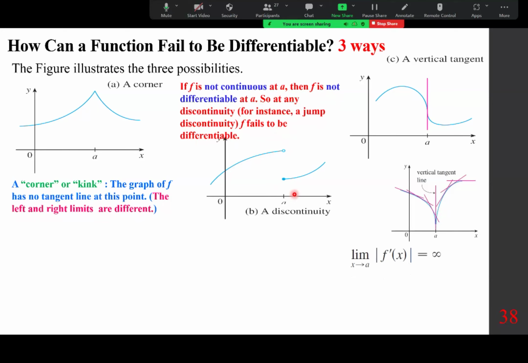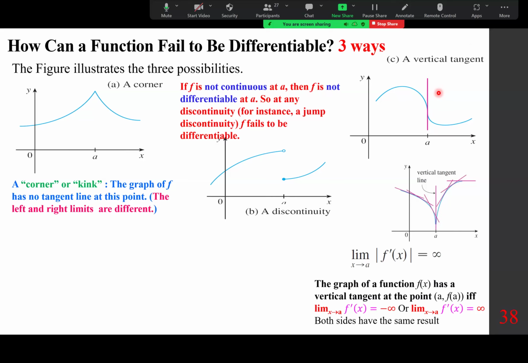And in the case of a vertical tangent, the limit of the absolute value of f prime of x as x approaches A is infinity. Remember, vertical lines, we say that the slope is undefined. The graph of a function f of x has a vertical tangent line at the point a comma f of a, if and only if the limit of f prime of x as x approaches a is negative infinity, or the limit of f prime of x as x approaches a is infinity.